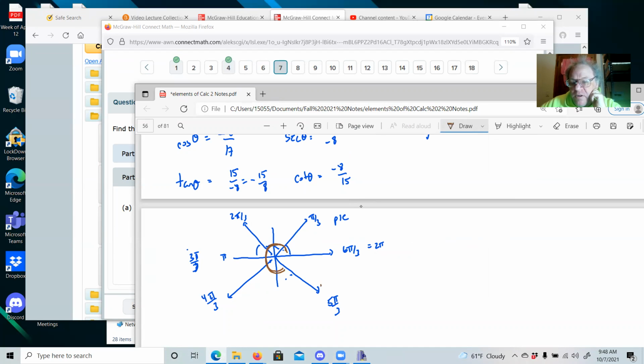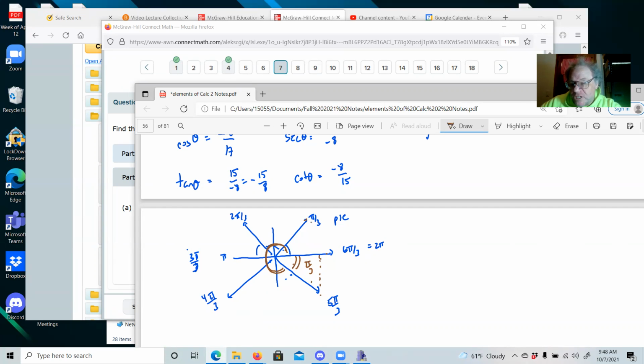What's my reference angle? How much more do I need to go to get to the horizontal? And that's going to be 2 pi over 3. I'm sorry, not 2 pi, 1 pi over 3. Now you'll notice if I take this triangle and flip it, we're going to be looking at this triangle.